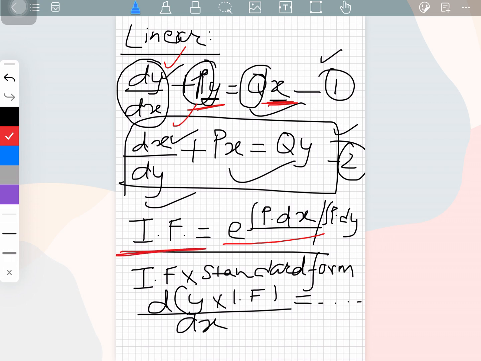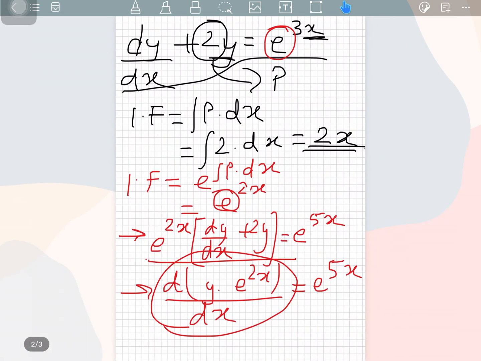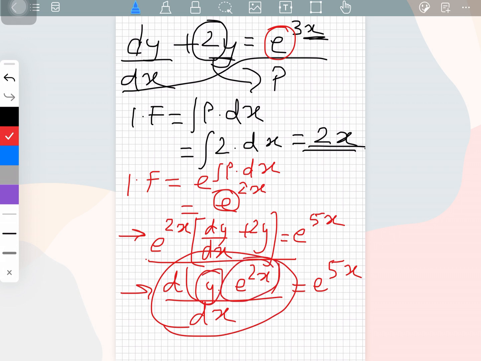The integrating factor is of course e to the power integration of p dx or p dy, and then multiply the standard equation with the integrating factor, and then remember the product rule that makes our solving process simpler. As you go on to solve questions, you don't have to really show that it came through the product rule. You can directly understand that if we have expressed it in the form of dy over dx, then it is obviously going to be d of y times the integrating factor. And yes, I think that's all that you need to know.